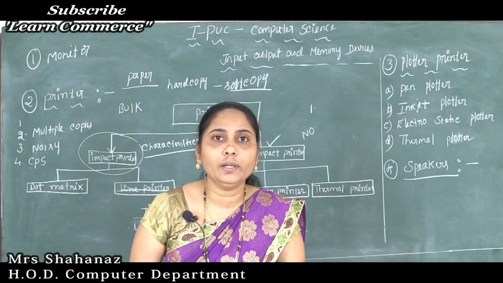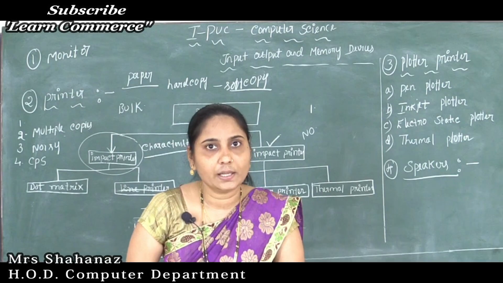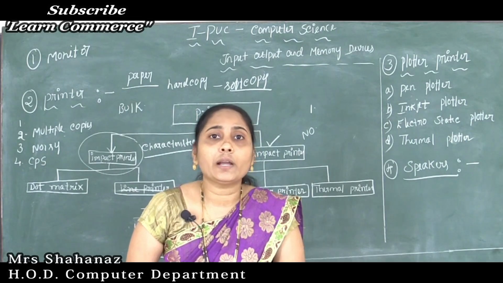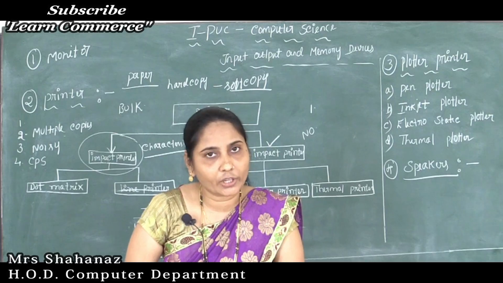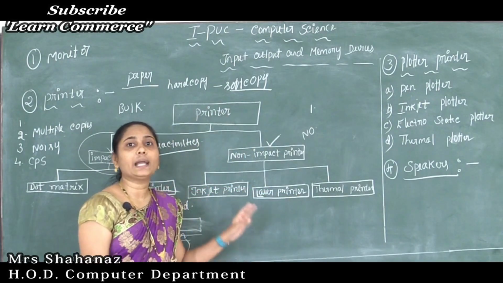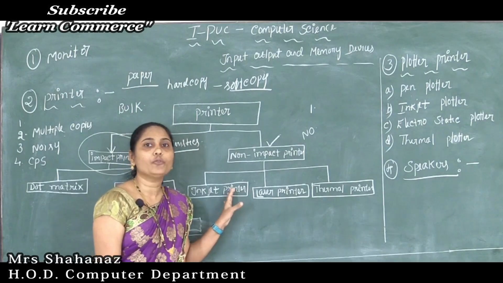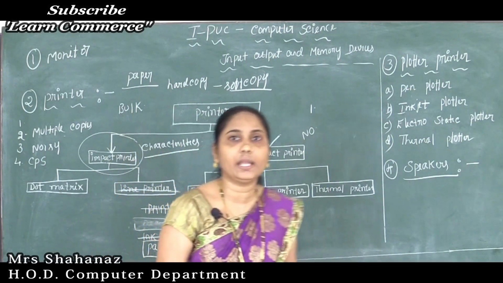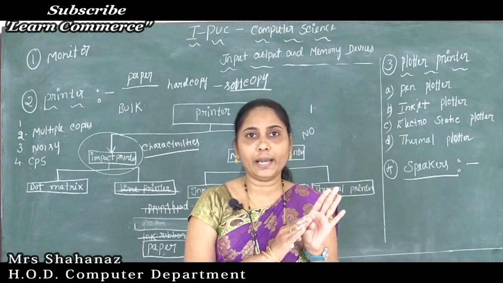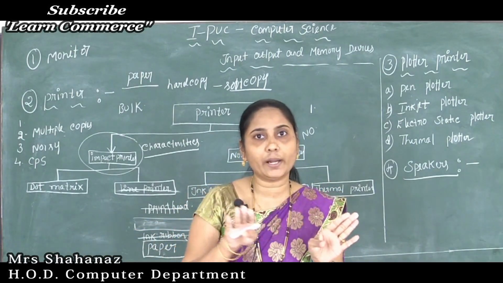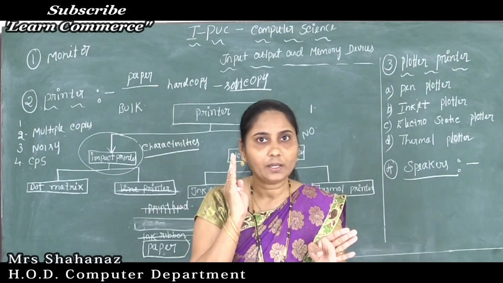So the first point I want to tell is just about the noise. They are quiet, which means noiseless. They are quieter than impact printers because there is no physical mechanism activity involved. Correct? In an impact printer, what happens is the print head strikes the ink ribbon, so because of this we get some noise.